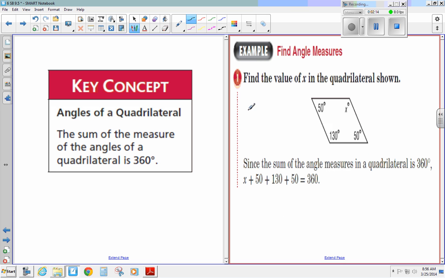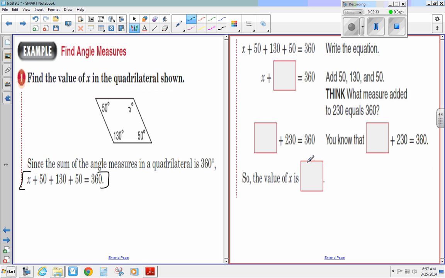All right, so find the value of x in the quadrilateral shown. Since the sum of the angle measures in a quadrilateral is 360, you can write this equation. That's x plus 50 plus 130 plus 50 gives you 360. Once you have that, you have to add 50, 130, and 50.